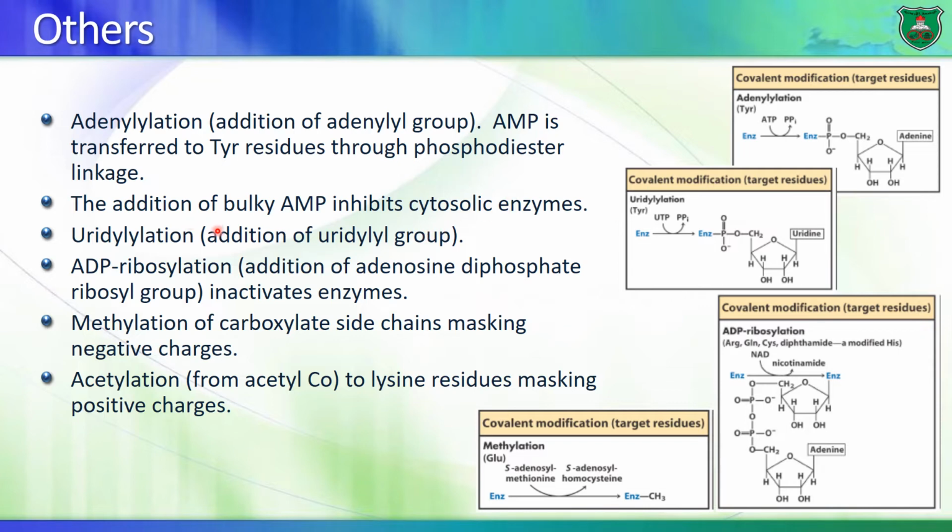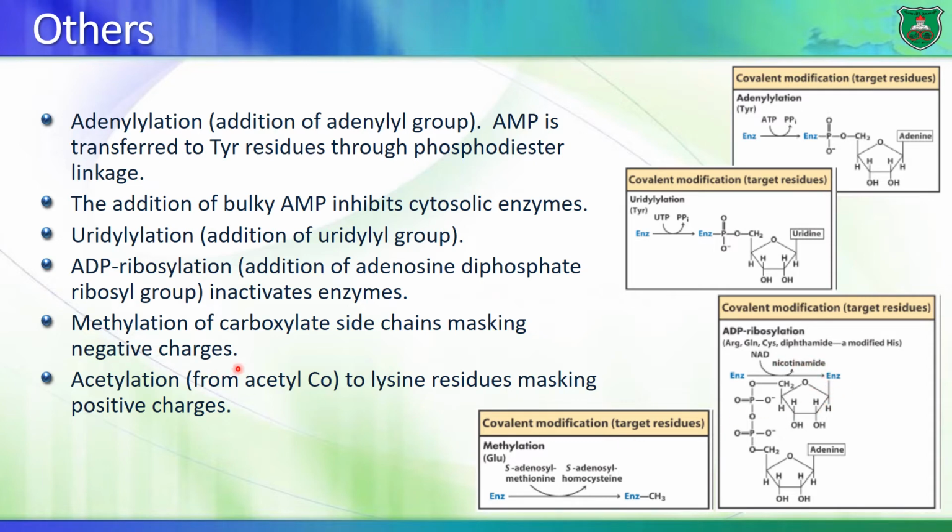Now usually, by the way, the addition of large bulky molecules like AMP would result in inhibition of enzyme activity. You can also have what is known as ATP ribosylation, the addition of an adenosine diphosphate ribosyl group to inactivate enzymes as well.